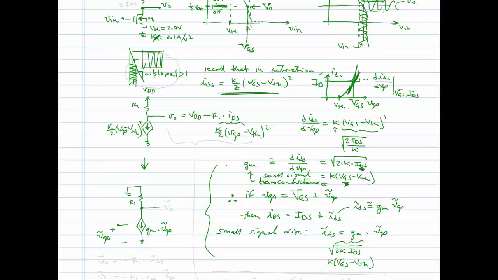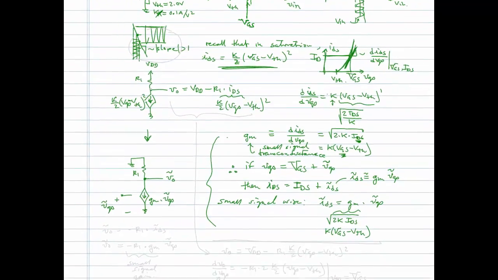So notice that capital VDD, the power supply, has been turned to 0. It has no small signal variation. It's a DC value, so we're going to remove it. We've removed the capital VGS and the capital IDS, and all we will have here is small little VO.